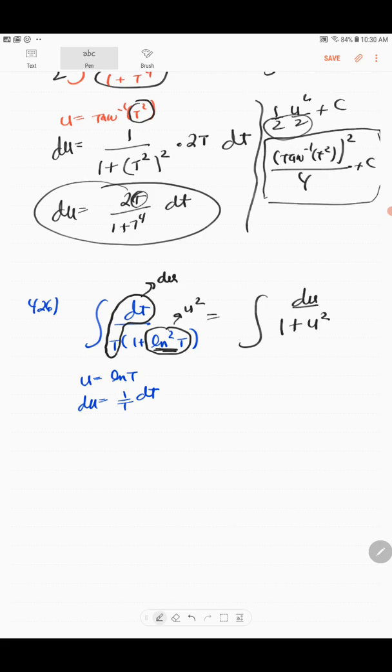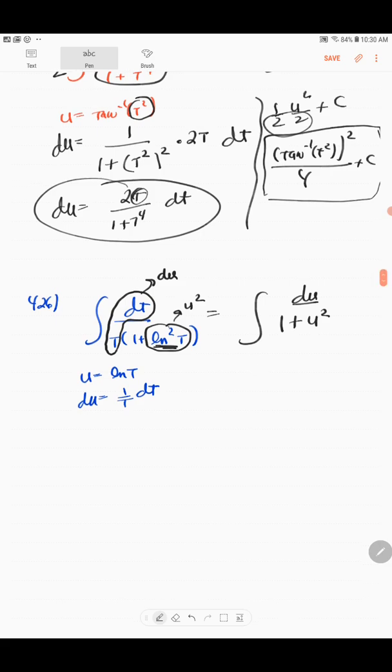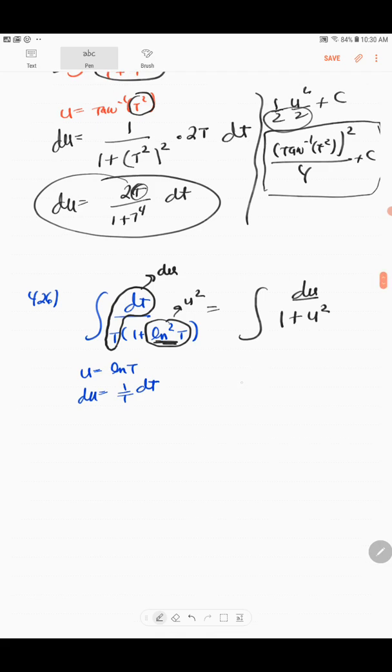Now, looking at our integration formulas for this section, this looks a lot like the arctangent one. It looks like this will just be the arctangent function. Remember, the antiderivative of this is 1 over a times the arctangent, or the inverse tangent, of u over a plus c. In this case, this has to be a squared, so it looks like a has to be 1, and we already have the term u.